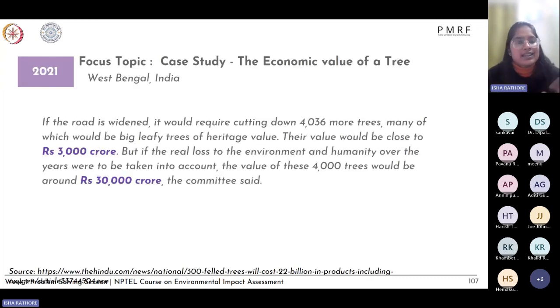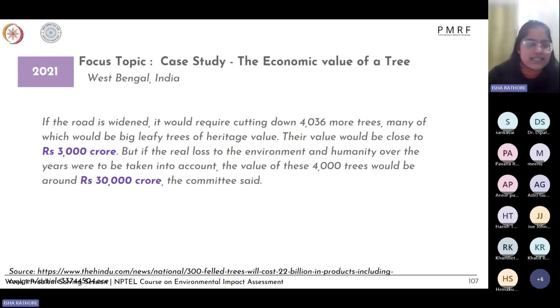And so, in this case, the Supreme Court did not allow the clearing of the remaining trees, because of the high value which they provide to society.